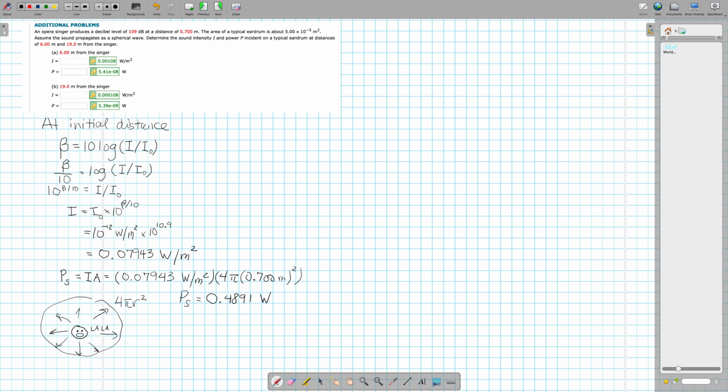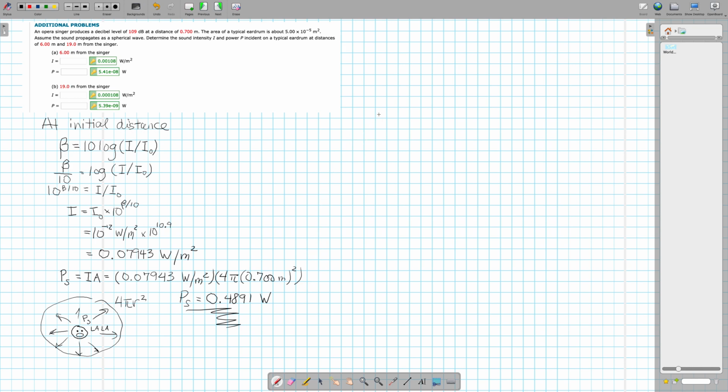So let's just keep this in mind. We'll need that number. That is the singer's power output. So you can think of that singer as being like a loudspeaker, and that loudspeaker is generating half a watt of singing power, or 0.4891 watts of singing power.